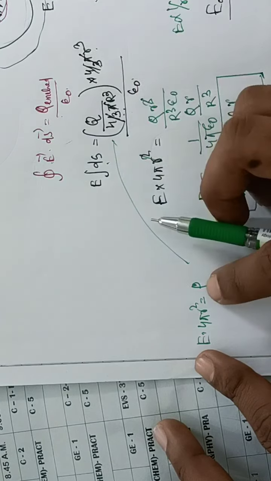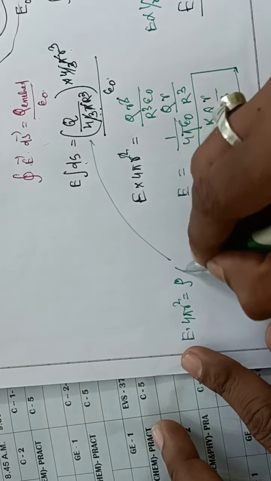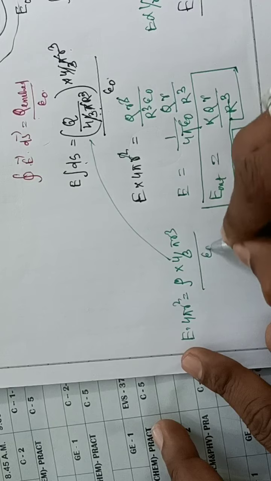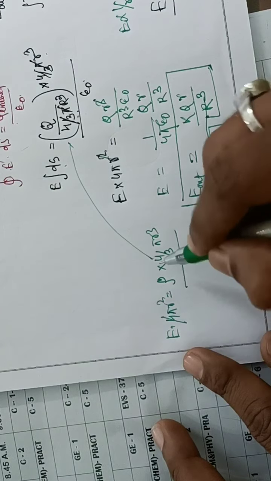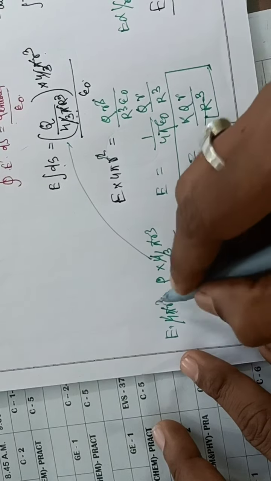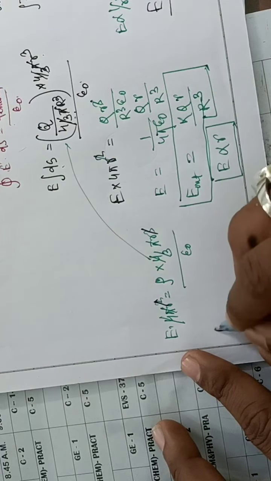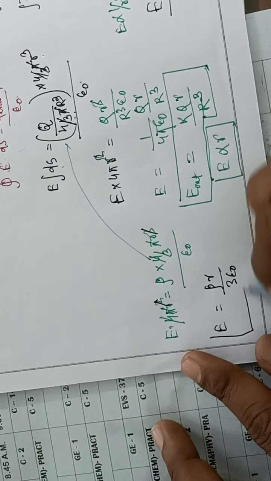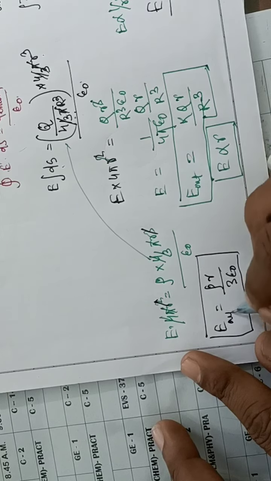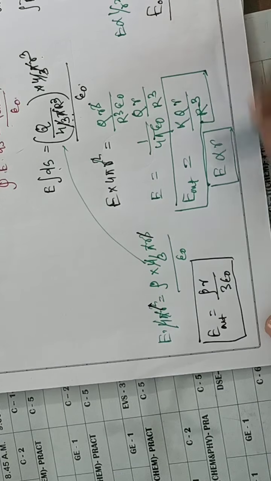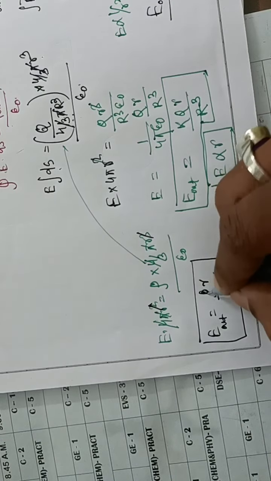Charge per unit volume can be written as rho, and this is nothing but 4 by 3 pi r cubed upon epsilon naught. The factors cancel: 4 cancels, pi cancels, and one r is cancelled. So the expression is rho r upon 3 epsilon naught. So the student has to remember that inside it is kqr upon R cubed, and in terms of volume bound charge density, it is rho r upon 3 epsilon naught.